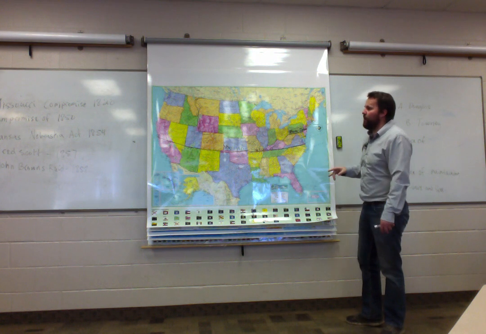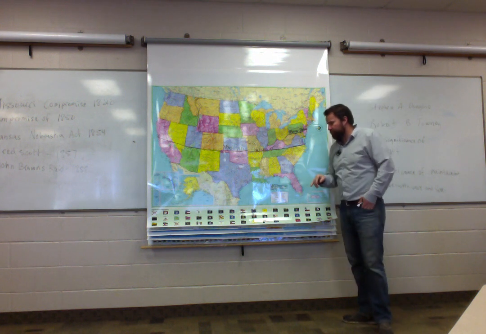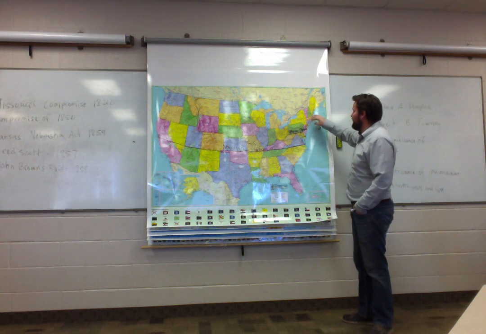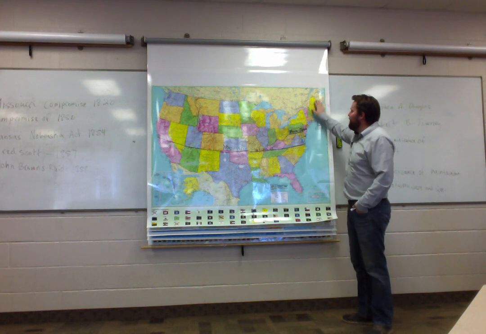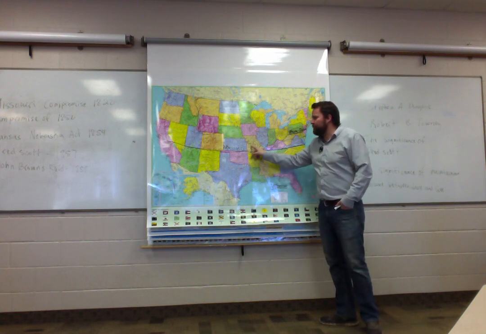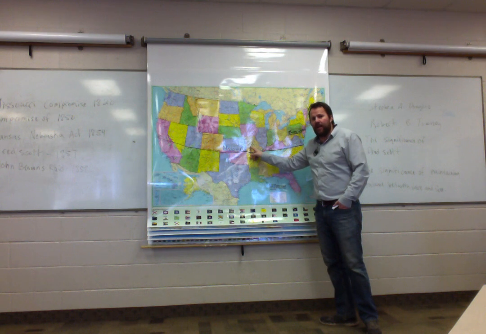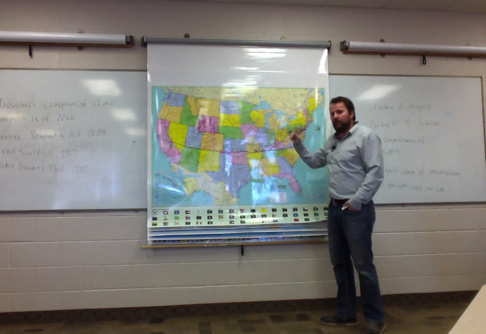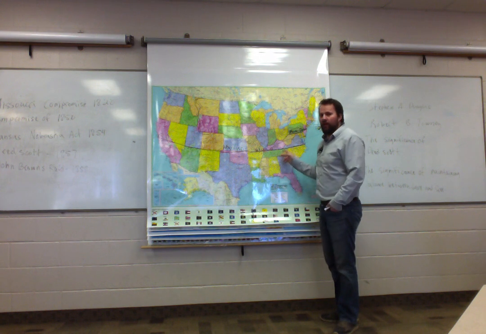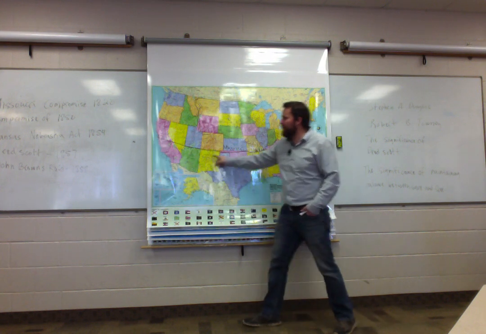Now, the Missouri Compromise of 1820 did a number of things. It brought Maine into the Union as a free state. It brought Missouri into the Union as a slave state. It also established the 36°30′ parallel, which is this line you see right here.